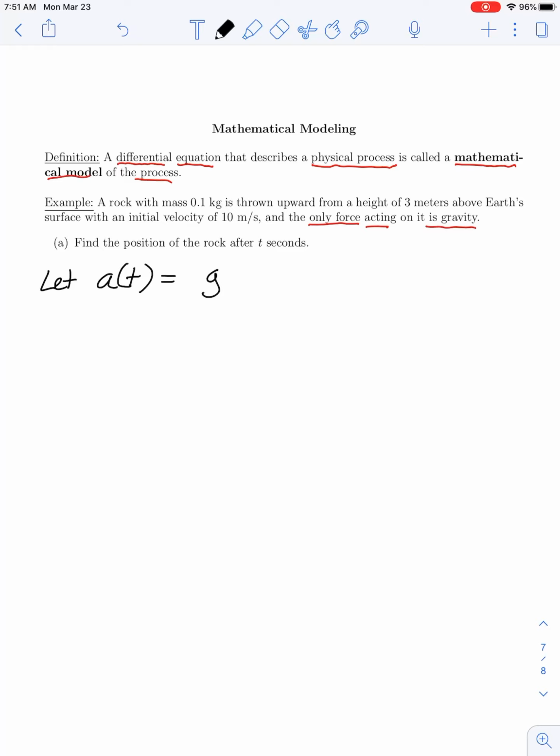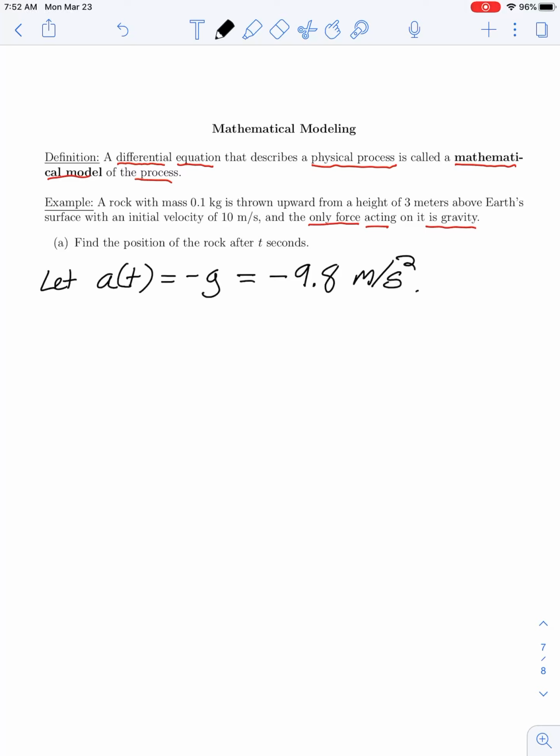So typically we would use the convention that this acceleration would be considered negative since it is acting in a downward direction, and we'd use the convention that a positive value would be an upward acting force on our object. So here the acceleration due to gravity is acting downward, so we have a negative g. And the value that we're going to use for gravity here, since we were measuring everything in meters or meters per second, is going to be 9.8 meters per second squared.